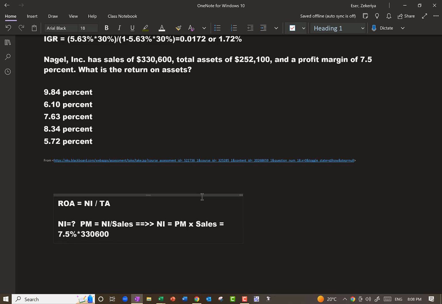My keyboard is having issues again. And all I have to do is put things in place: 795 divided by total assets of 252,100, which is 9.84%.